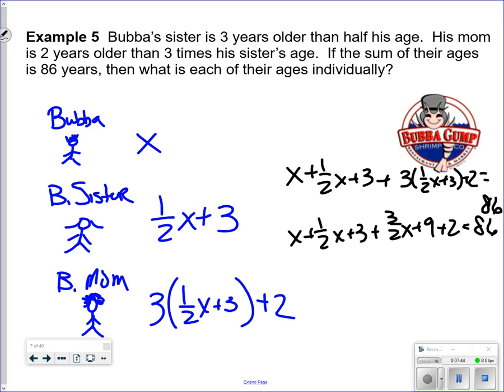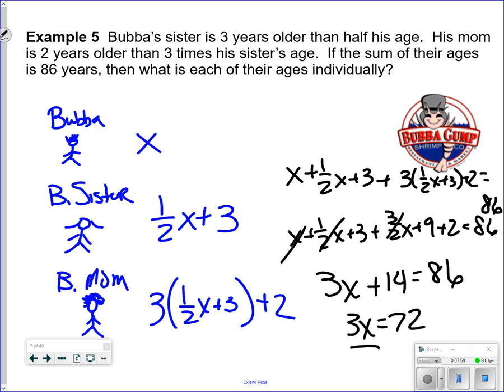Adding that up, 1X plus a half X plus 3 halves X makes 3X. 3 plus 9 plus 2 adds up to 14. Subtract 14 and divide by 3. So X is equal to 24.